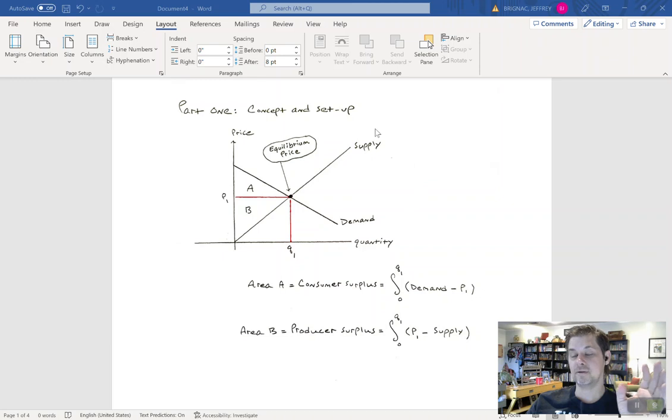I'm not saying there aren't other factors that influence how much suppliers are willing to supply and how much consumers are willing to buy. But in general, the laws of supply and demand say that for suppliers, as the price goes down, they're willing to supply less, and for consumers, as price goes down, they're willing to buy more.